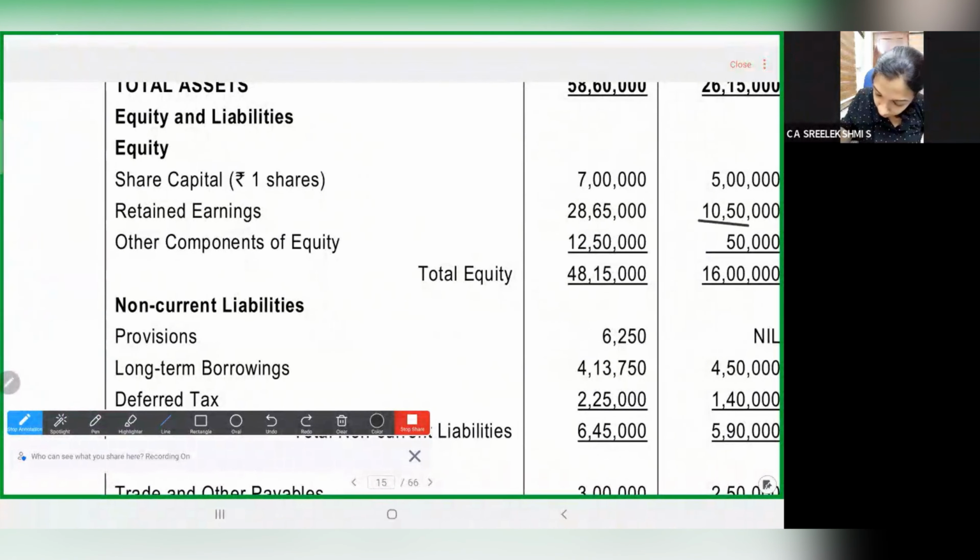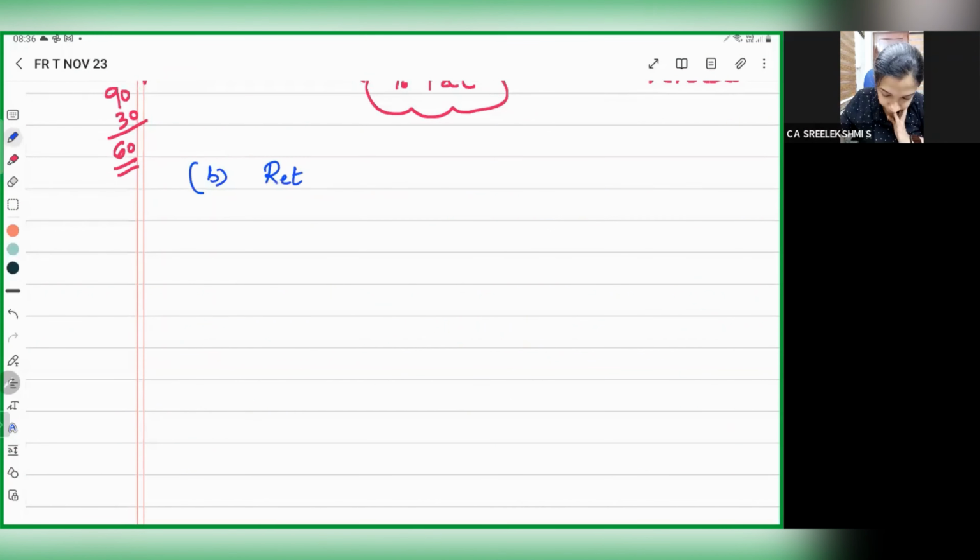Retained earnings 750. Total. So it's all in millions. We have written the previous figures all in millions. So that's also a challenge. We forgot without realizing.